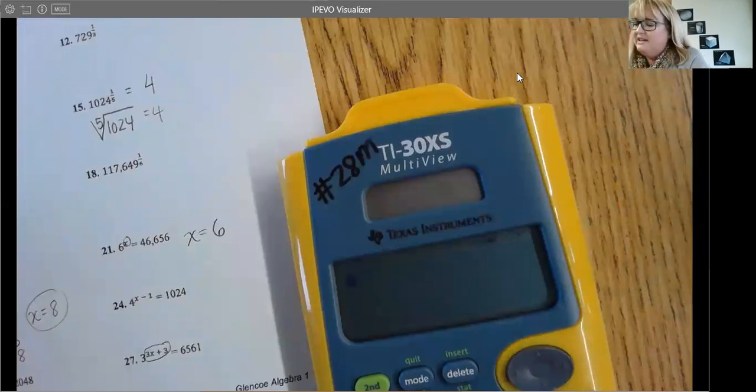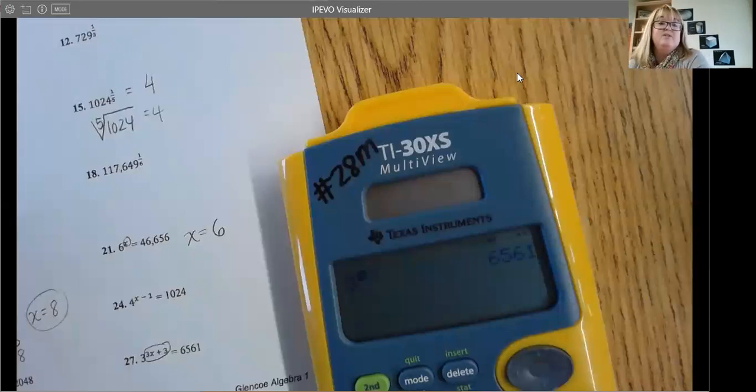All right, 3 to the 6th power? 729, way off. 3 to the 9th power? Oh, way off. 3 to the 7th? I think it's to the 8th power. 3 to the 8th power. Yep, 3 to the 8th power.